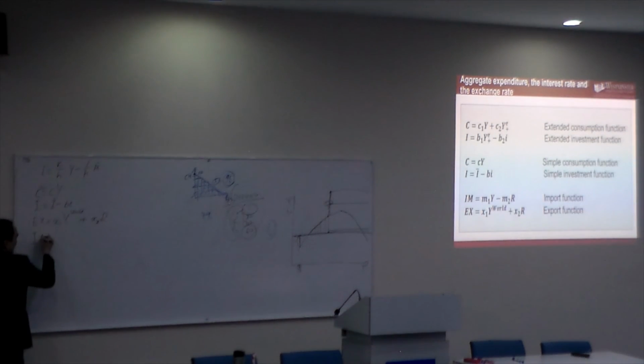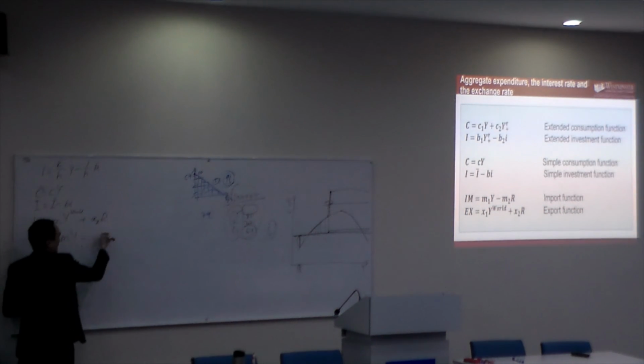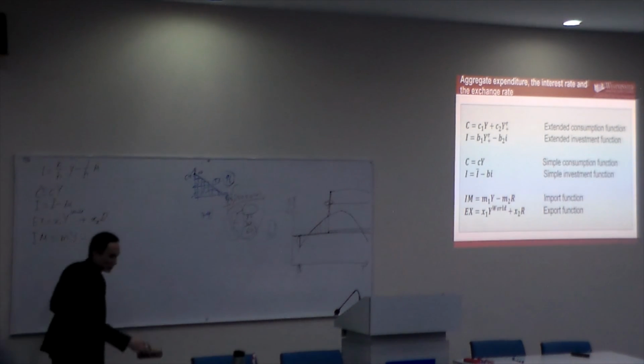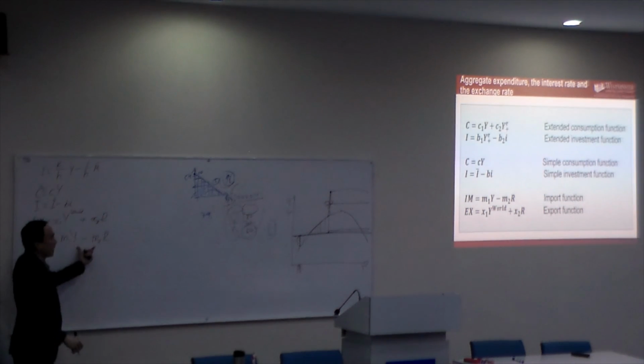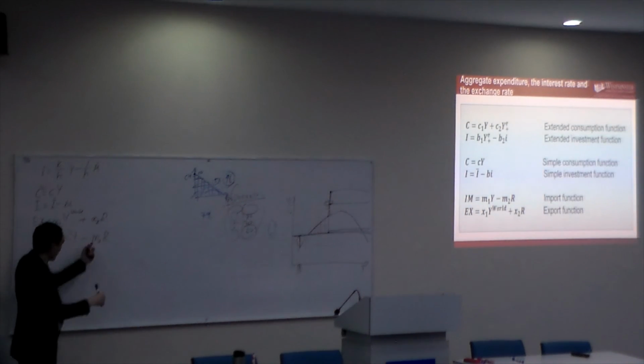What about imports? They also depend on income, right? If we are richer, we will be consuming more foreign goods, so imports will increase. And if our real exchange rate depreciates, it means our currency is weak, so we are not able to buy foreign goods because foreign goods are more expensive for us.